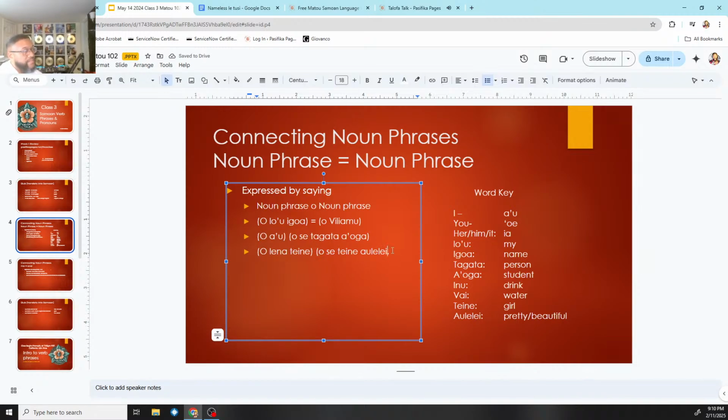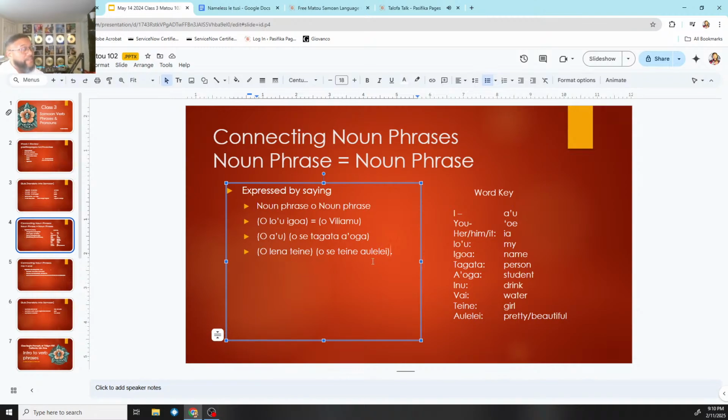Teine is girl, just like in the first phrase, but aulele is pretty or beautiful. So that girl is a pretty girl, a beautiful girl, ole na teine ose teine aulele.